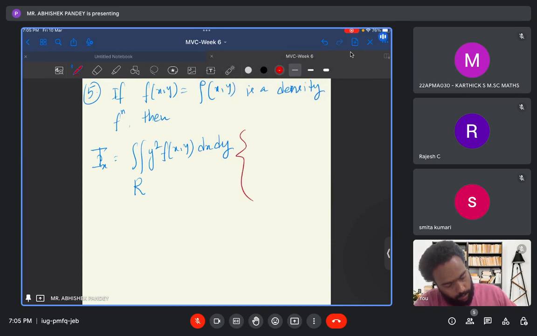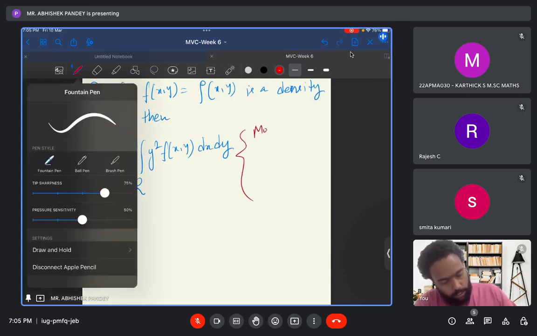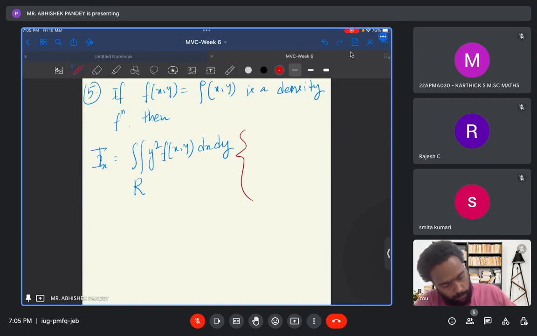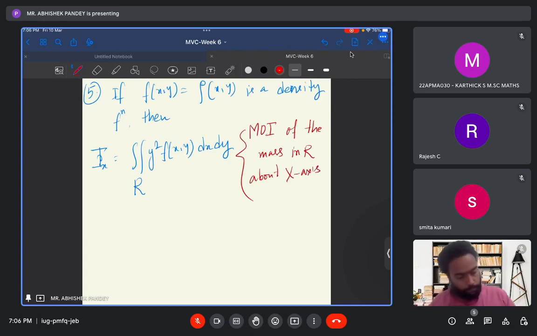This integral is nothing but the moment of inertia, MOI, of the mass in R about the x-axis.